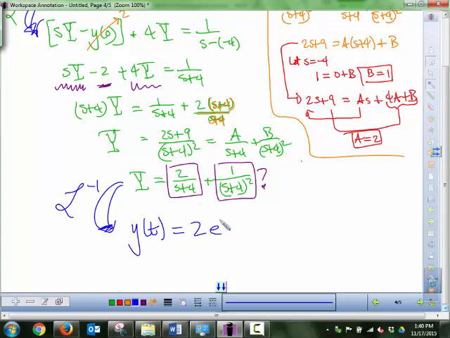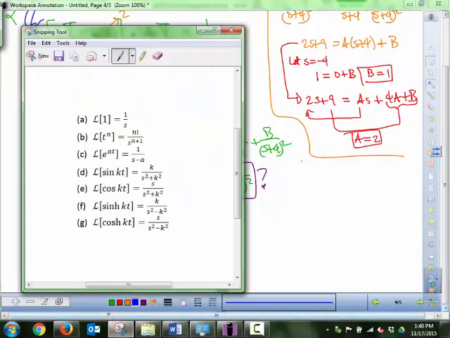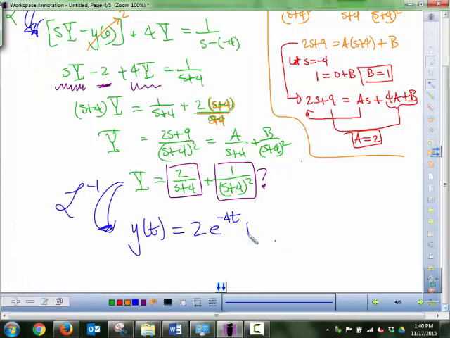So that's e to the negative 4t, according to s plus 4, and then no coefficients here, so this is e to the negative 4t times t.